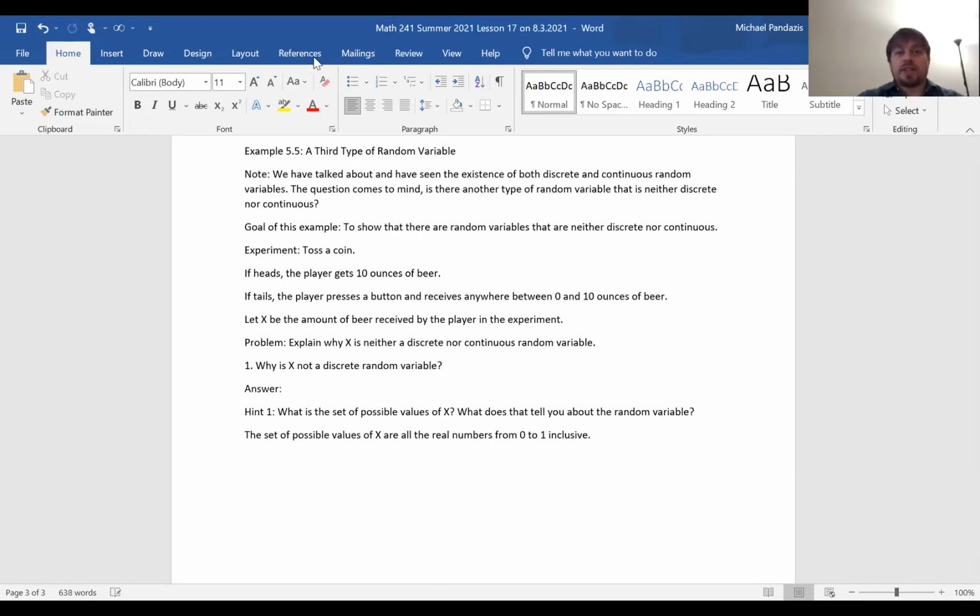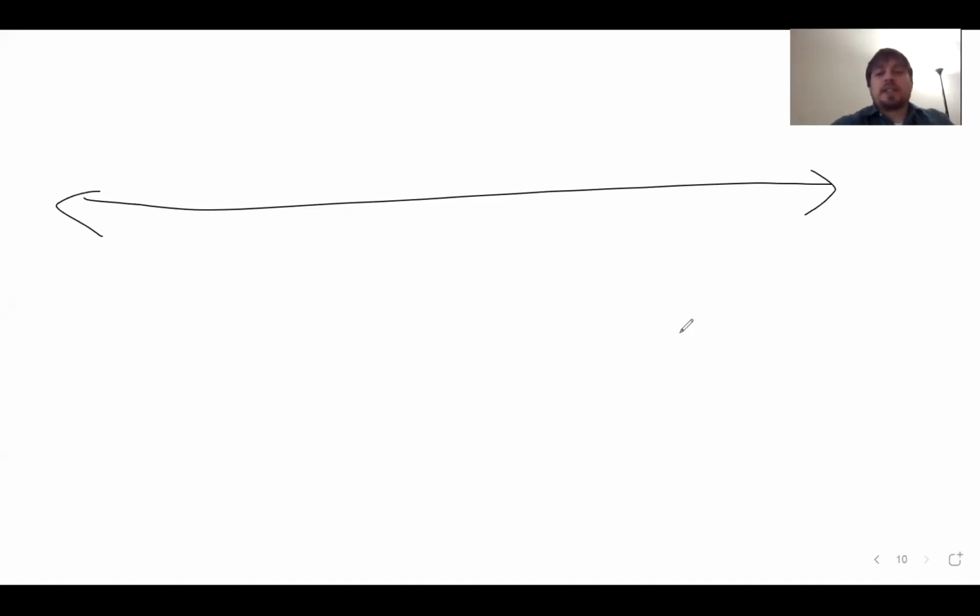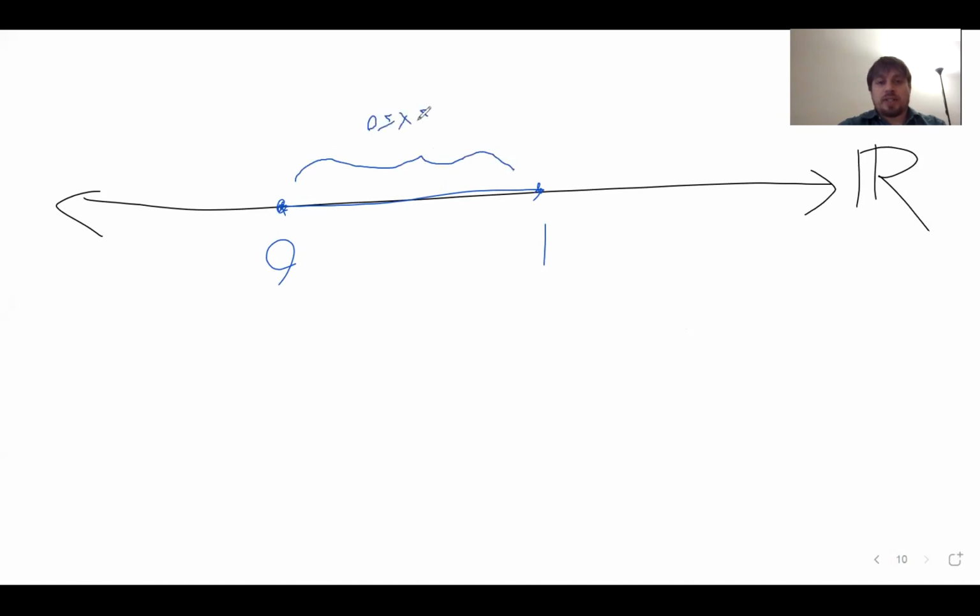So our set of possible values of capital X, on the real number line, ranges from 0 to 10 inclusive. These are all the values with 0 less than or equal to X less than or equal to 10. This set is of a continuous extent.